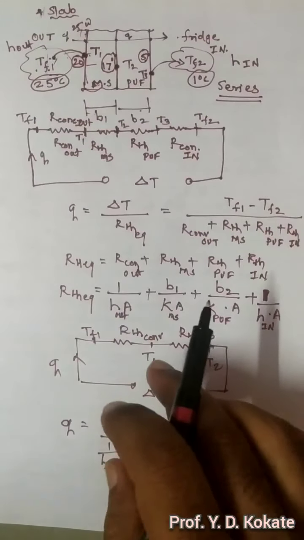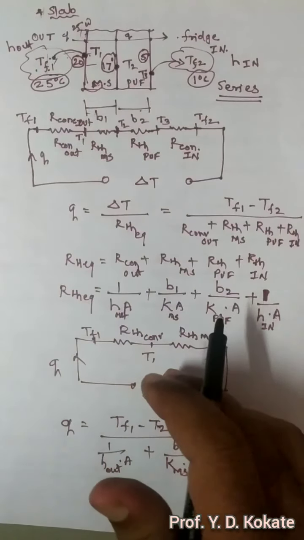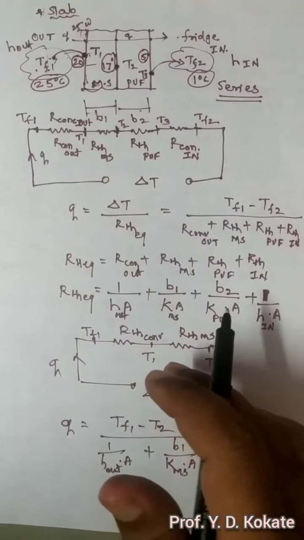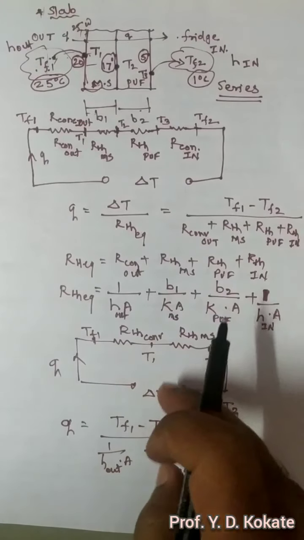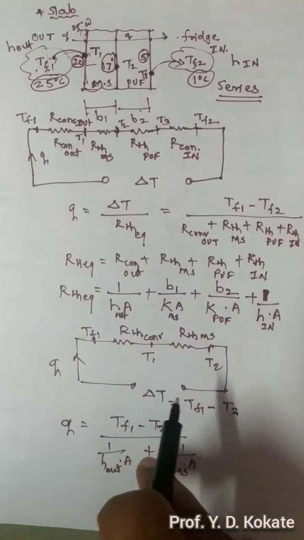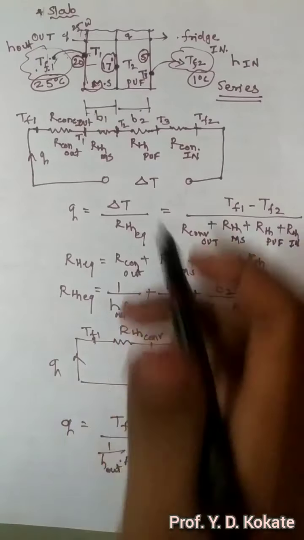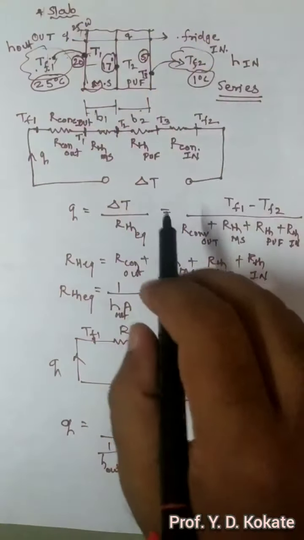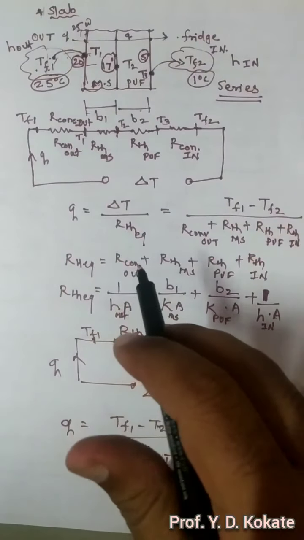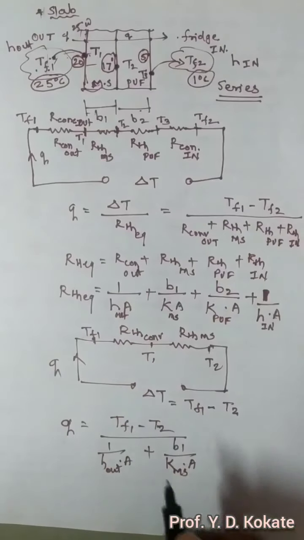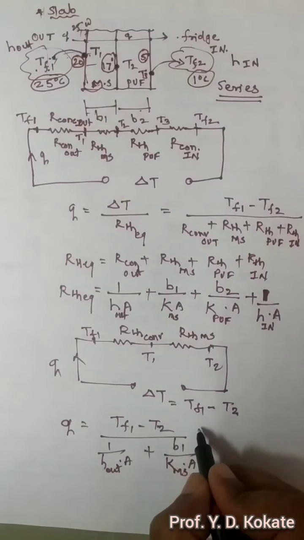So always your strategy is that first of all you take the two temperatures which are given, and within those temperatures, whatever resistances are there, you take them in the denominator and find the heat transfer. Once you find the heat transfer, you can find an intermediate temperature or any unknown temperature. So by using this we can easily find the heat transfer.